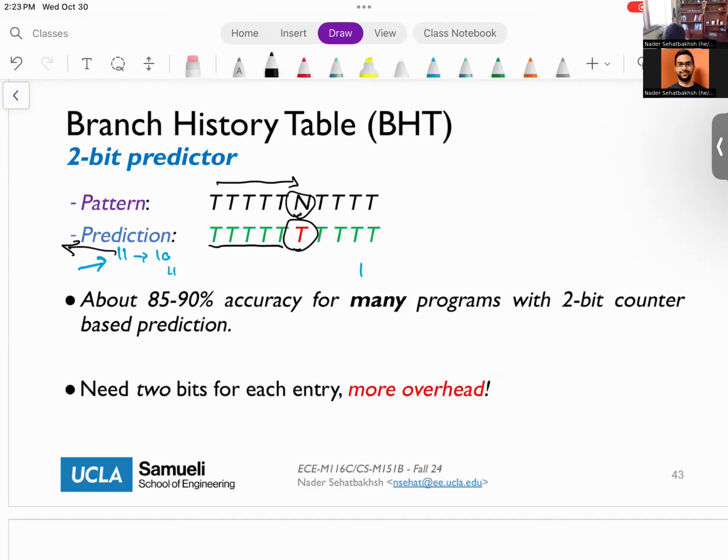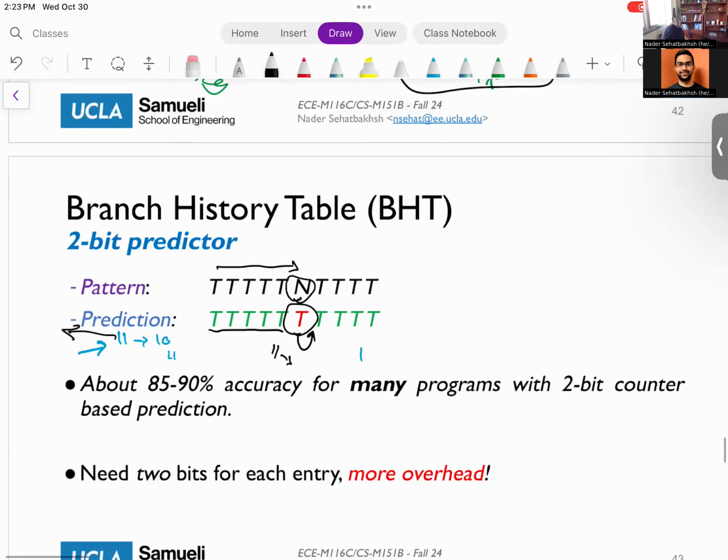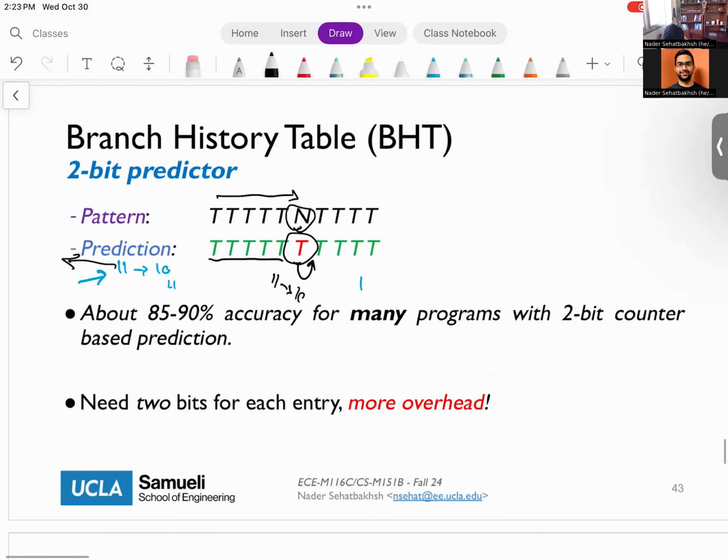What will happen is that this will cause a switch from 1-1 to 1-0, which means that we switch from strong to weak. But as you can see, we're still going to predict taken for the next branch. The reason is that in the weak taken state, we still predict taken. And then we continue seeing taken, taken, taken, which means that we switch to the strong taken.